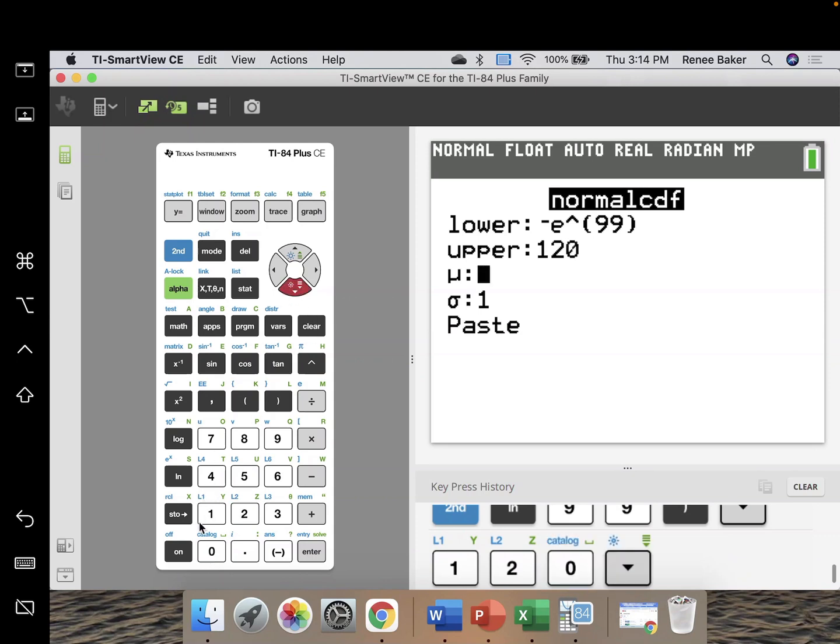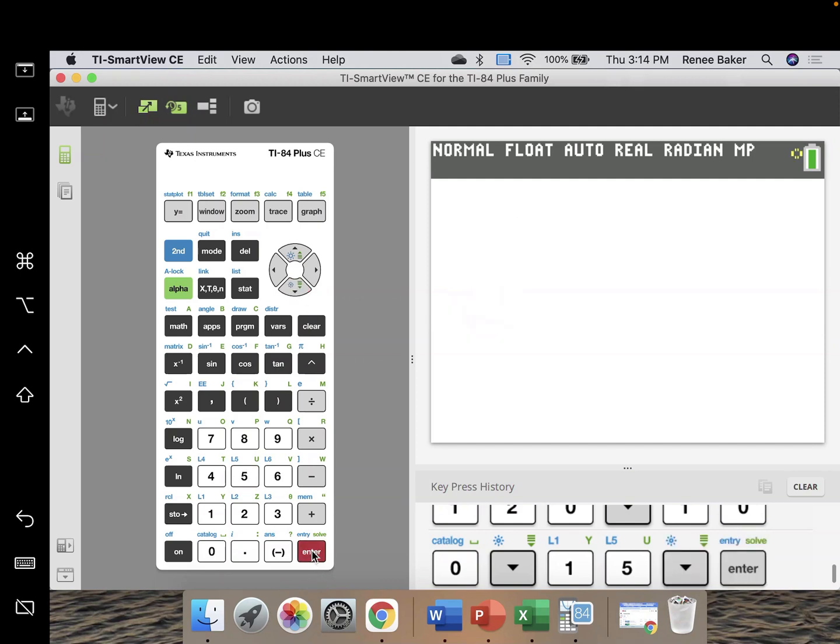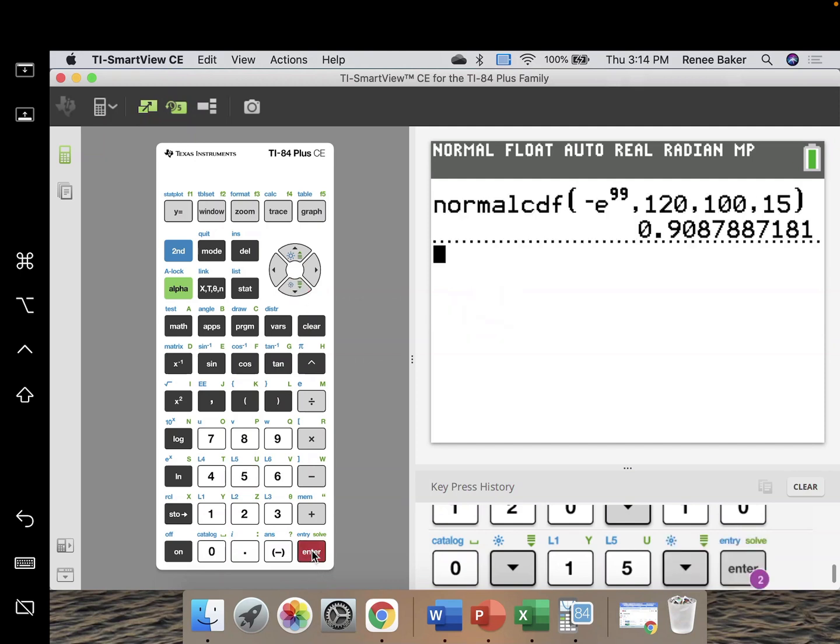But here, instead of the mean being 0, I would need to put in my mean of 100 and my standard deviation of 15. And I get 0.9088.